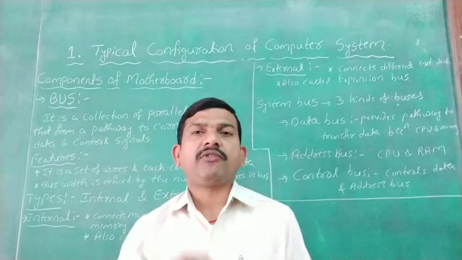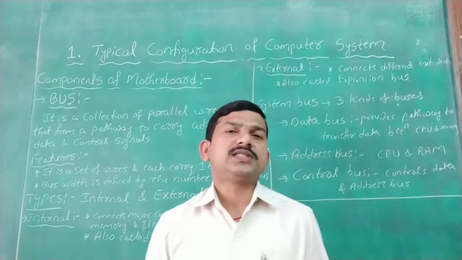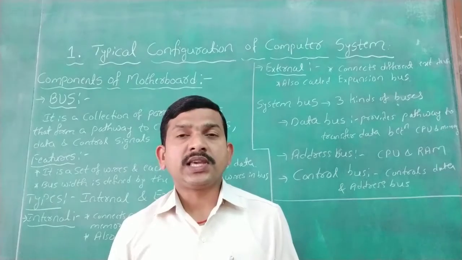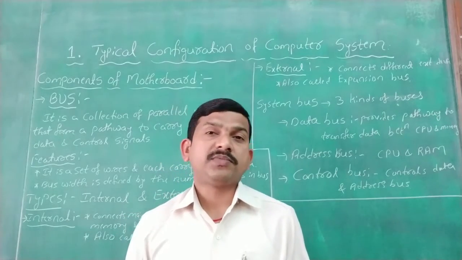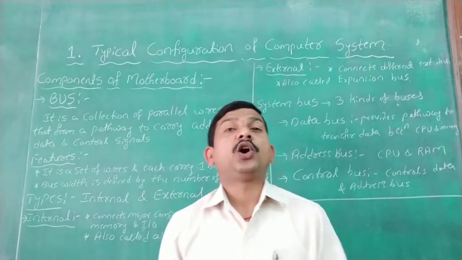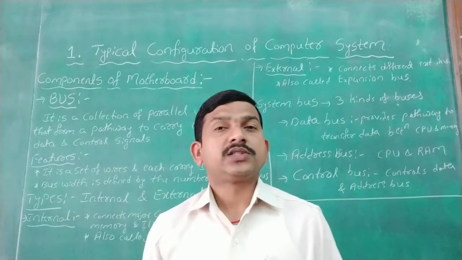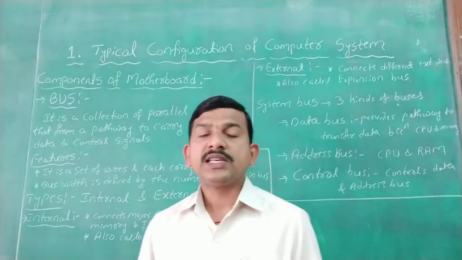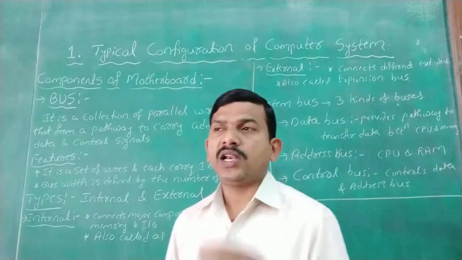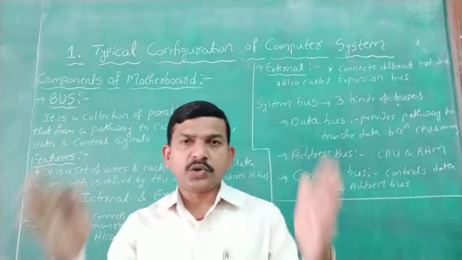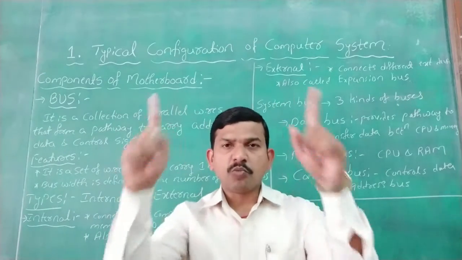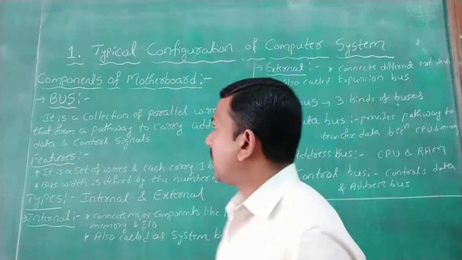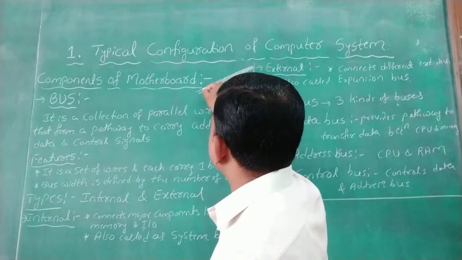In a similar way, in a computer system also we are using buses. Bus here does not mean a KSRTC bus or private bus. Instead of that we are using some wires here. Now normally if you open the CPU cabinet, the CPU box, we get some cables like this.